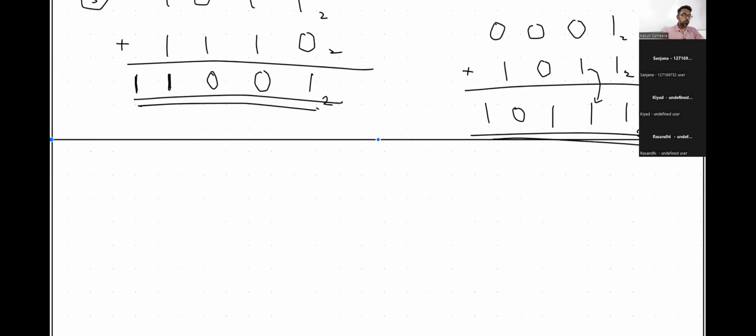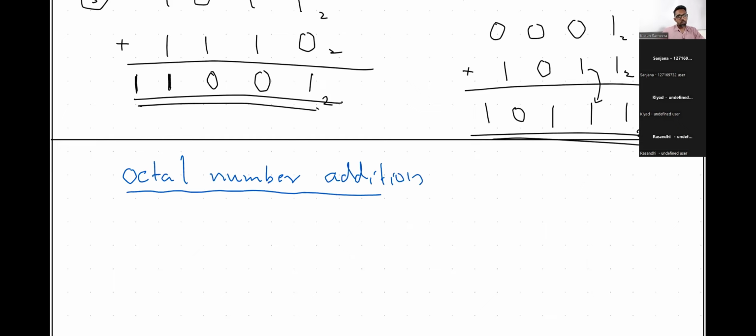Write the topic. First example. Now first tell me, is this number valid in octal?